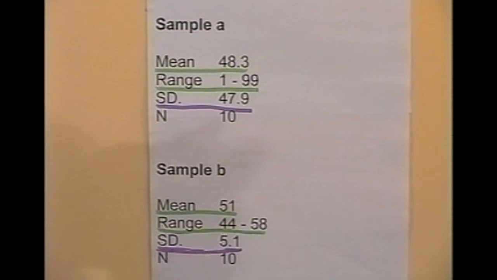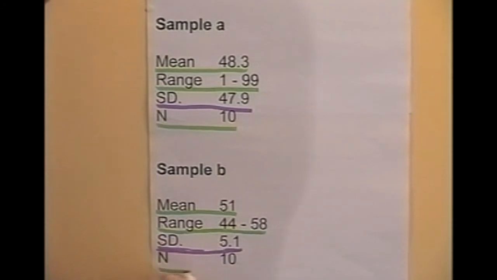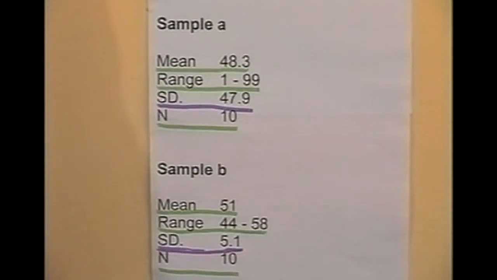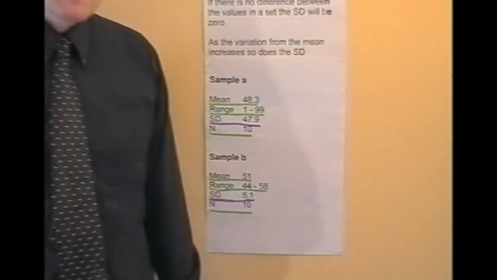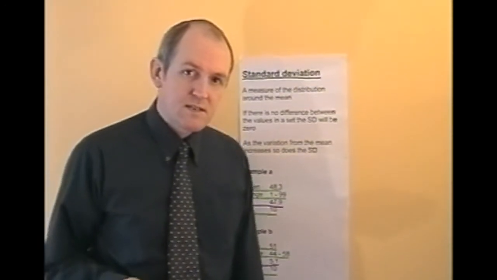Both of the samples had the same n. The same n equals the number in the sample. That is all it means. Both had a value of n equals 10. So it's normal to present the mean, the range, the standard deviation, and the number for any data set. This is absolutely standard in descriptive statistics.